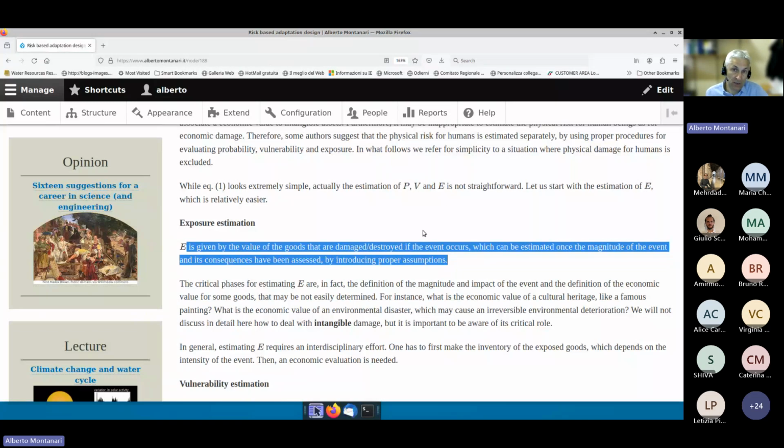Why? Because even if the legislation tells you that you are safe enough, by looking at the socioeconomic context, you may conclude that you want to be safer with respect to what the legislation suggests. This is the task of the engineer.